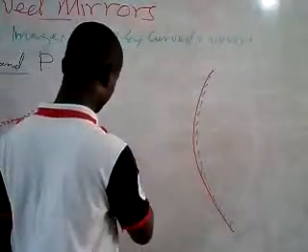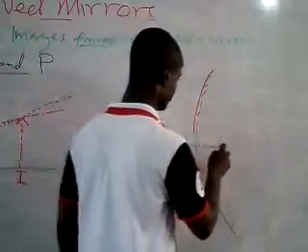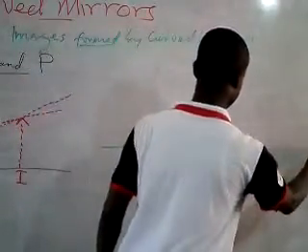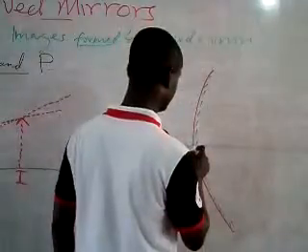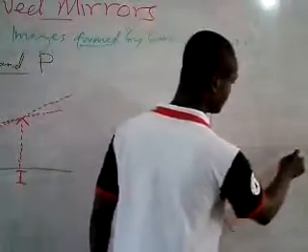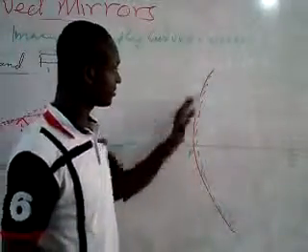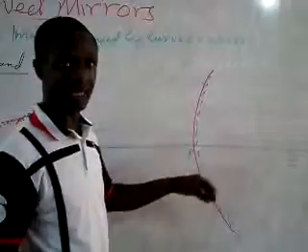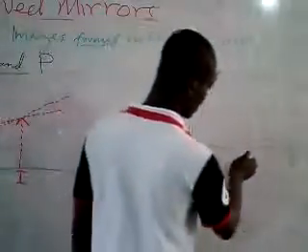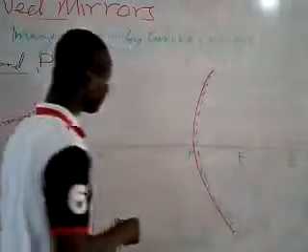Then let's draw our principal axis, passing through the pole. Here, the center of curvature will be somewhere here, because that's the center from which the mirror is forming part from the sphere. And the principal focus will also be somewhere here.